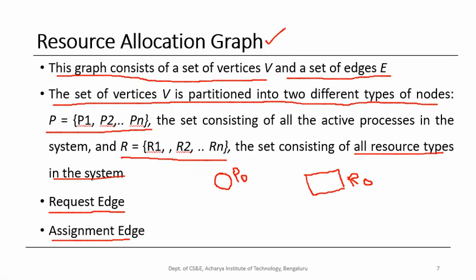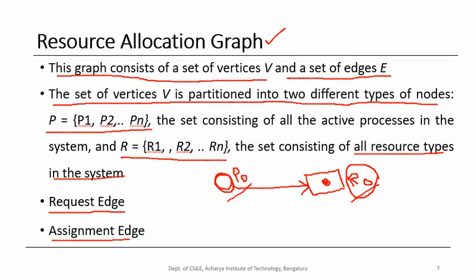Now, if there is a request from P0 to get the resource R0, there has to be an edge between this circle and this rectangle, which shows that a process is requesting a resource, right? Now you have to put a dot inside this box. If you put a single dot inside this box, it means that there is one instance of resource type R0.